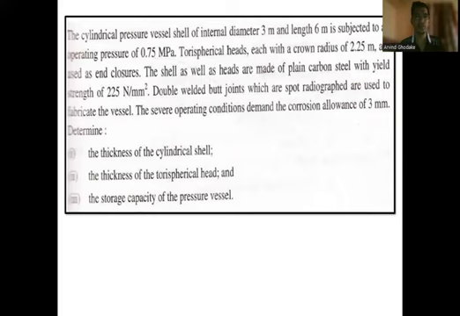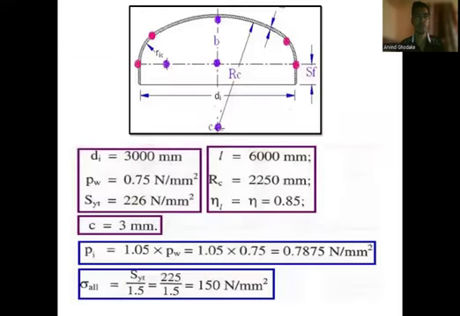Double welded butt joints, which are spot radiographed, are used to fabricate the vessel. The service operating conditions demand a corrosion allowance of 3 mm. Determine the thickness of the cylindrical shell, the thickness of the spherical head, and the storage capacity of the pressure vessel. So here the head is the spherical head.